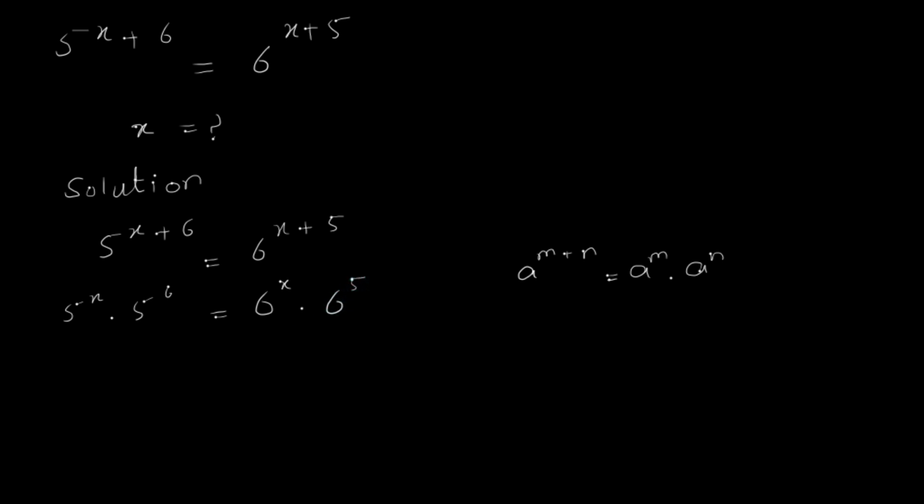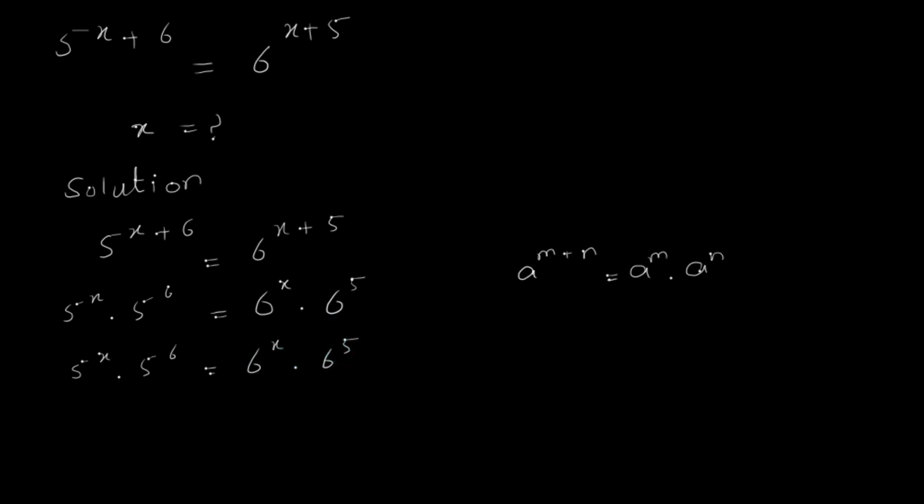Now dividing both sides by 6^x. In the next step, 5^x times 5^6 is equal to 6^x times 6^5.